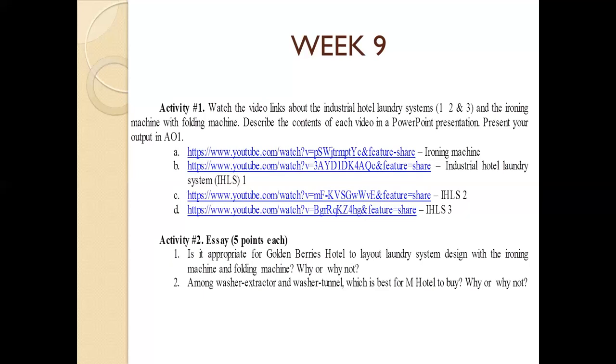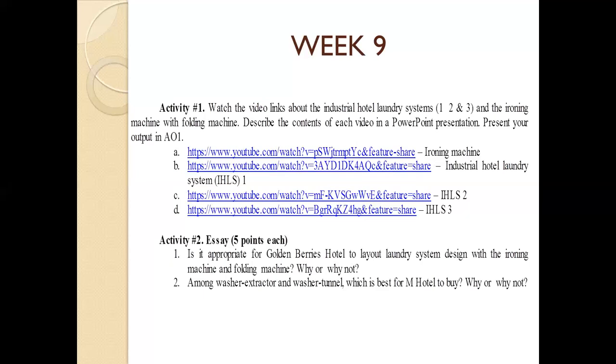So once again, for week 9's lesson, our topic is laundry systems. We have identified the laundry equipment used in hotels. So we have the laundry transport equipment, washers, tunnel washers, and also extractors, dryers, and flatwork finishers.